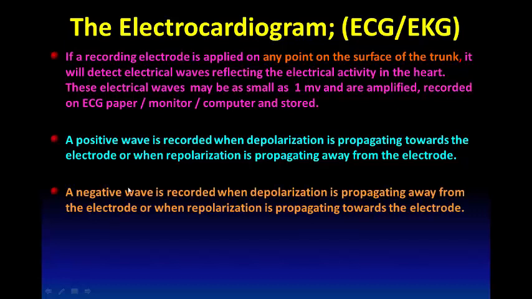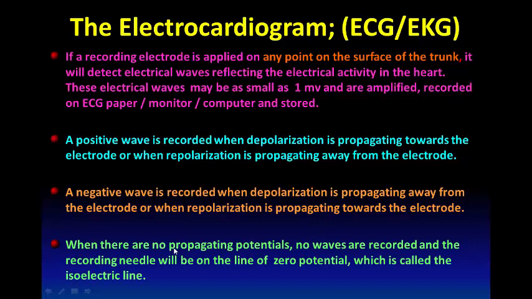On the other hand, a negative wave is recorded. A negative wave is a wave when the ECG machine needle moves downwards below the isoelectric line and then returns to the isoelectric line. So a negative wave is recorded when depolarization is propagating away from the active electrode, or when repolarization is propagating in the direction of the active electrode.